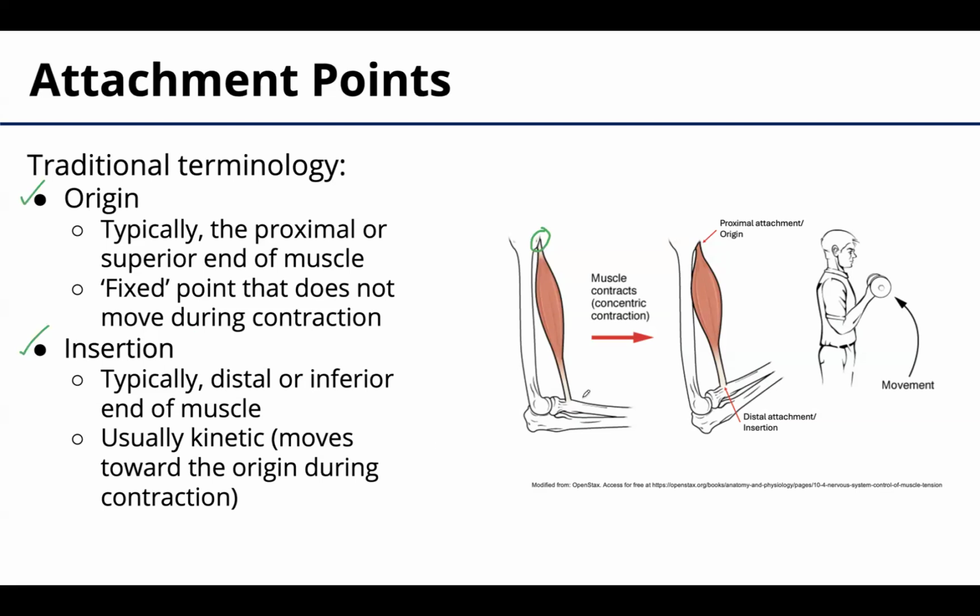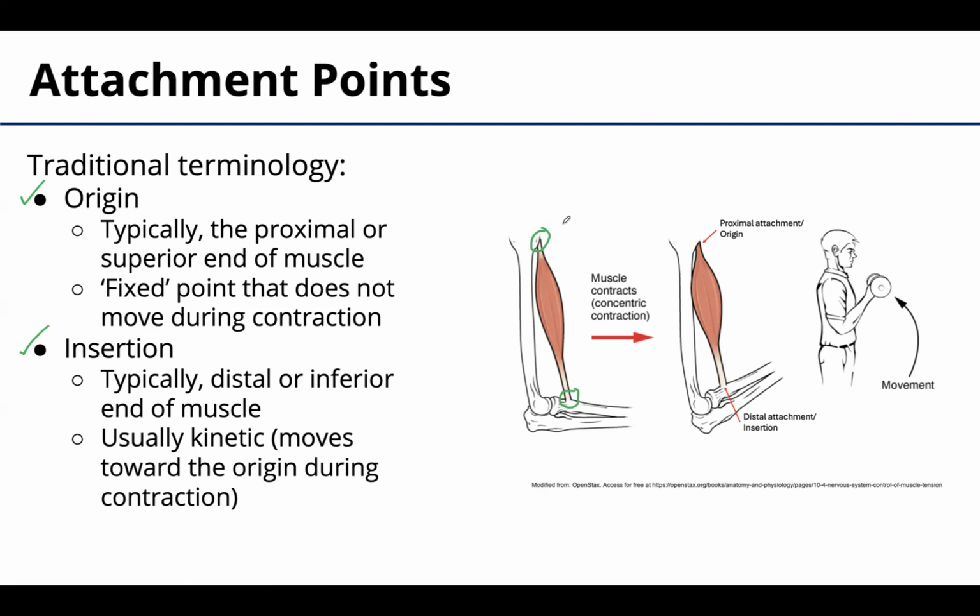Insertion is typically the distal or inferior end of the muscle. This is usually the kinetic or the moving attachment, and the bones will typically move toward the origin during concentric contraction. So in this example on the right, we're looking at a cartoonish, not very accurate version of the biceps brachii muscle, which is located in the anterior compartment of the arm.